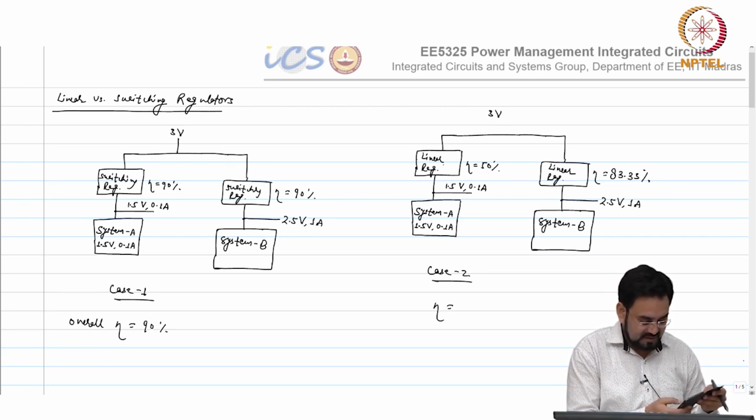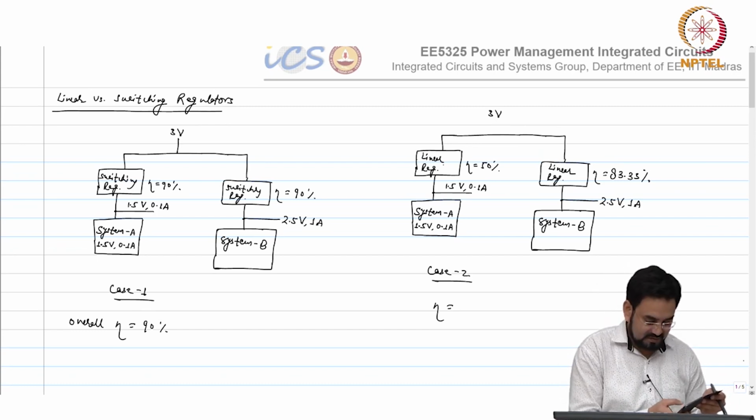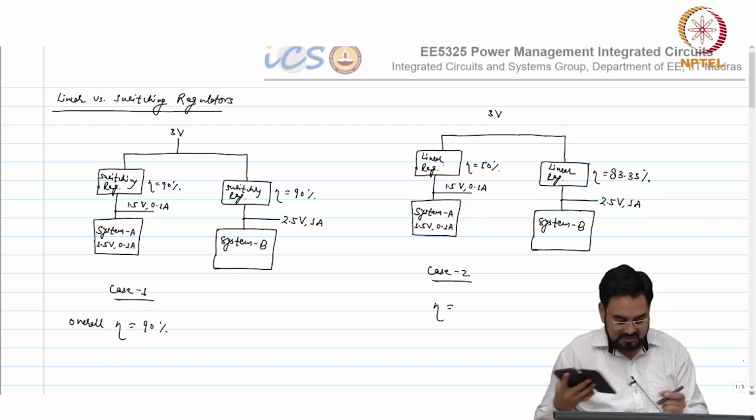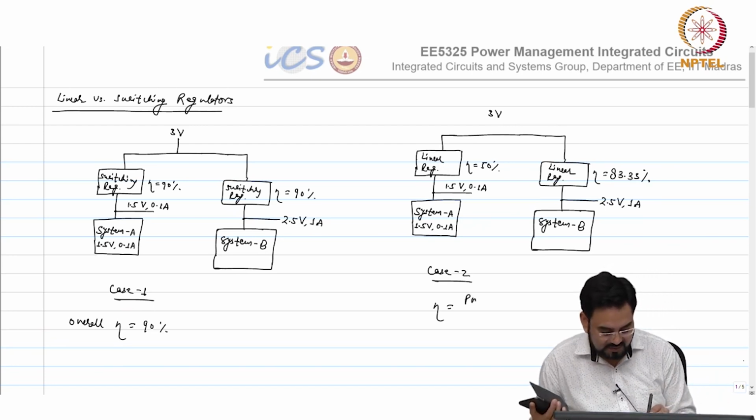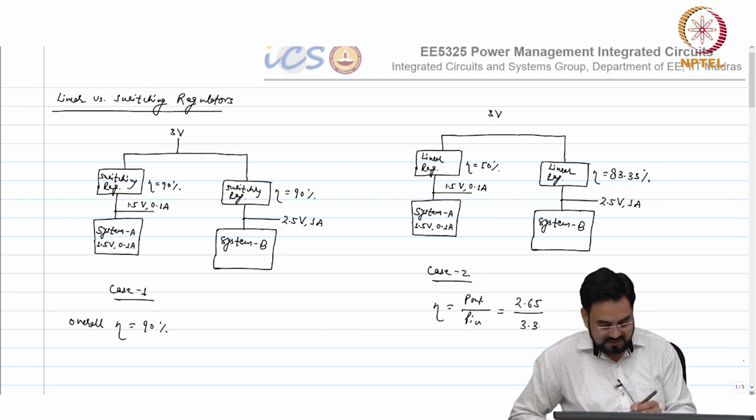So 0.15 plus 0.15 is 0.3, plus 0.5, plus we are delivering 2.5 watt, so 3.3 is P in. P out over P in is 2.65 over 3.33, roughly 80%.